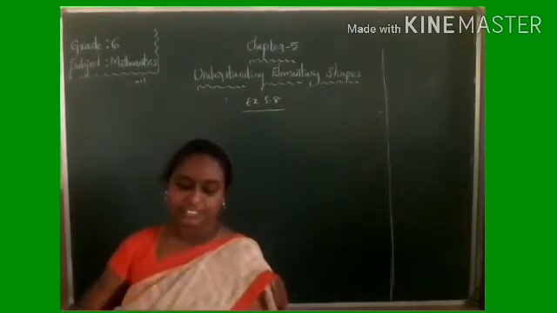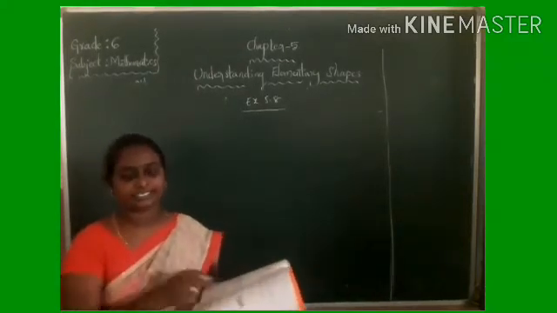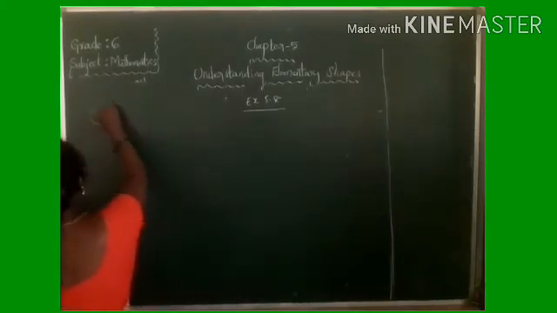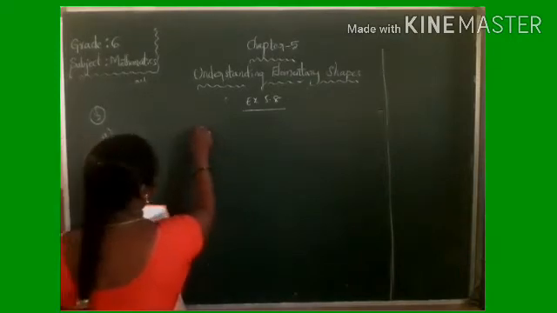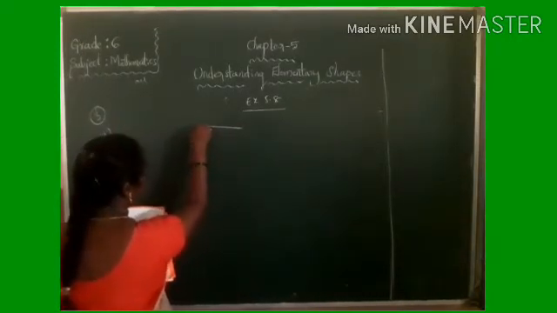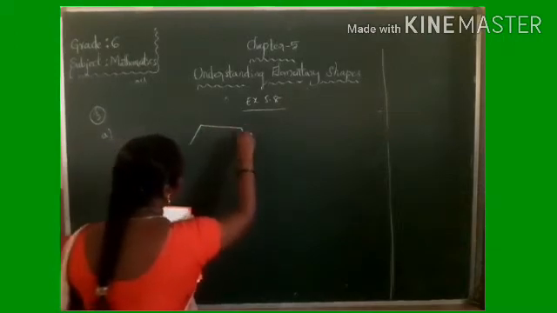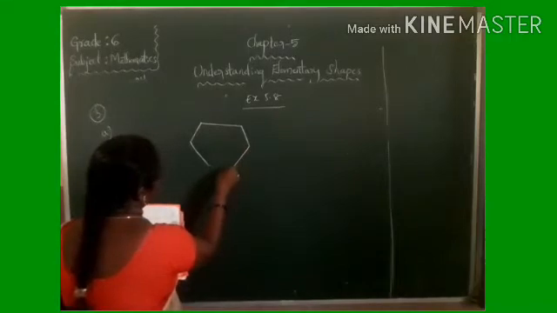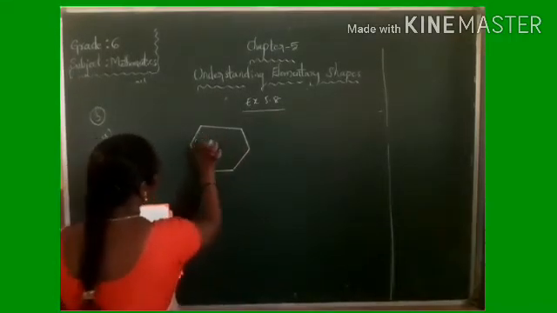Draw a rough sketch of a regular hexagon. Hexagon means 6 sides. You have to draw first in your notebook with the help of pencil and ruler. Draw a regular hexagon. Hexagon means it has 6 sides.